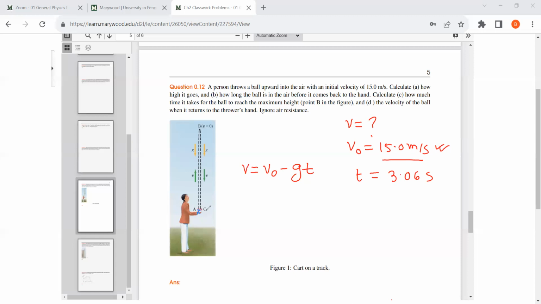Now we want to know what is the velocity at C. Before it comes to C, it travels A to B and then B to C, right?